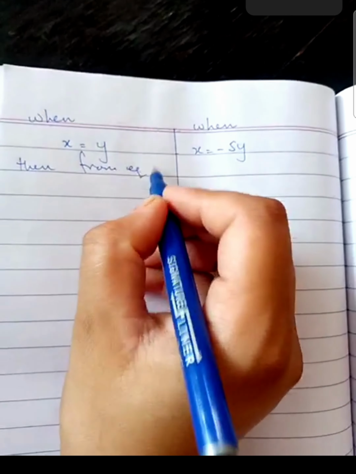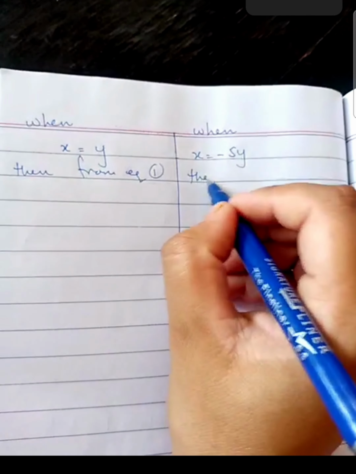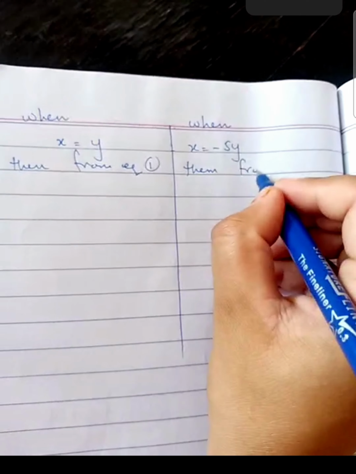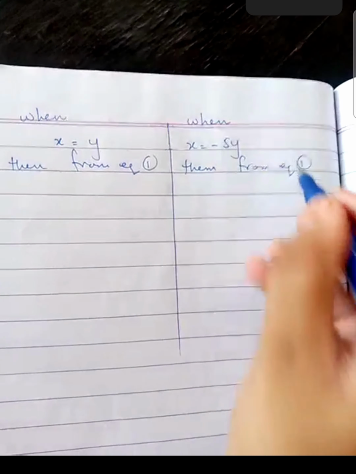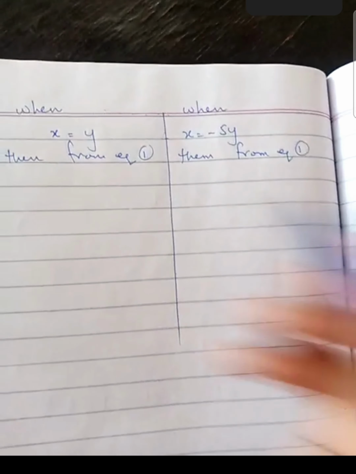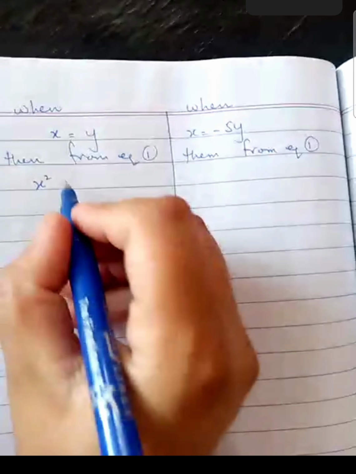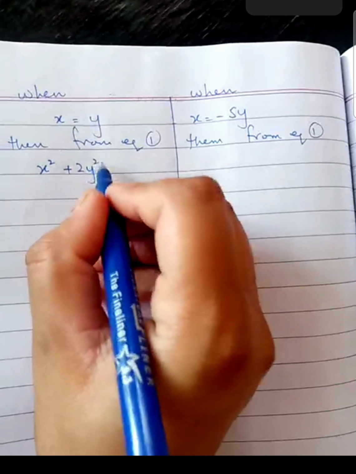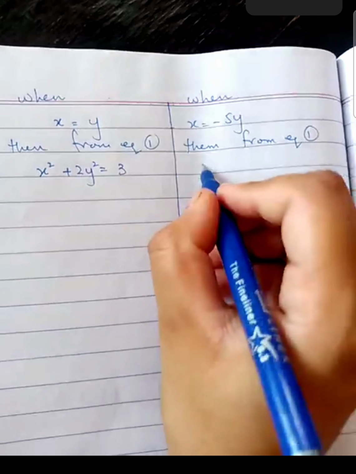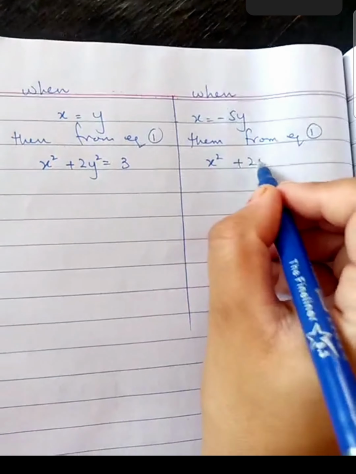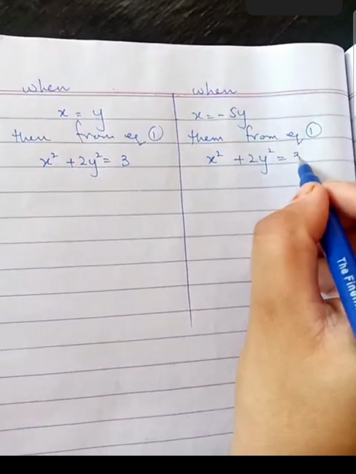Then from equation number 1, because we got these values from equation number 2. Equation number 1 was x square plus 2y square is equals to 3. Same is the case here, x square plus 2y square is equals to 3.